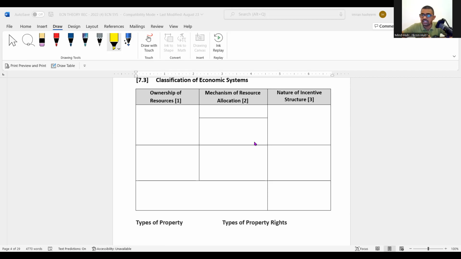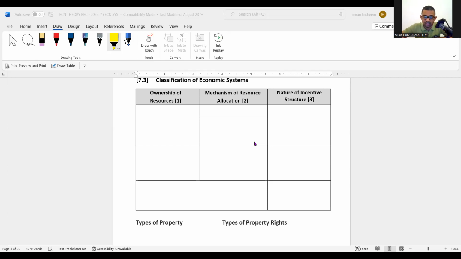If the most powerful incentive is material incentive, that's what we call a market economic system. If the more powerful incentive is coercive incentive, forced incentive, then we are looking at a command economic system.